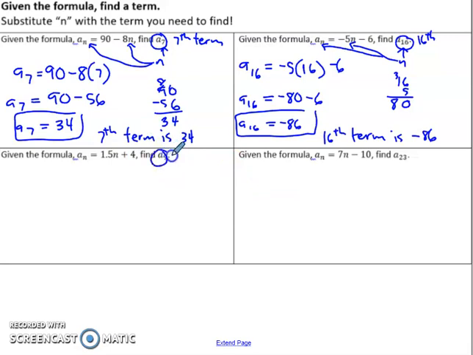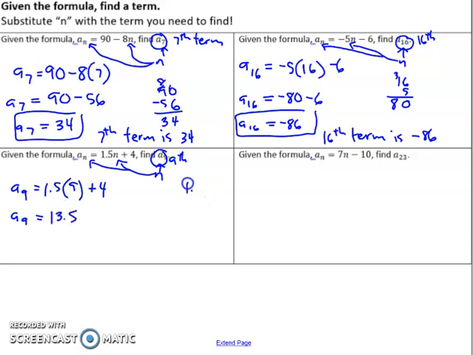We have A9, so that's the 9th term. What does that 9 tell me? Anywhere n is now 9. So to find the 9th term, I multiply 1.5 times 9, add 4. 1.5 times 9 is going to be 13.5.